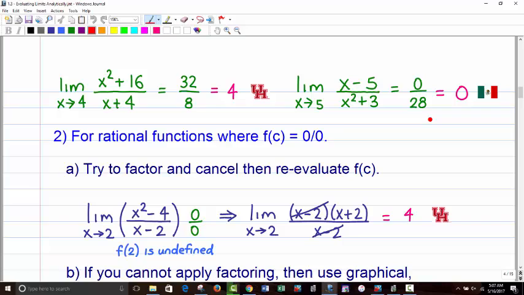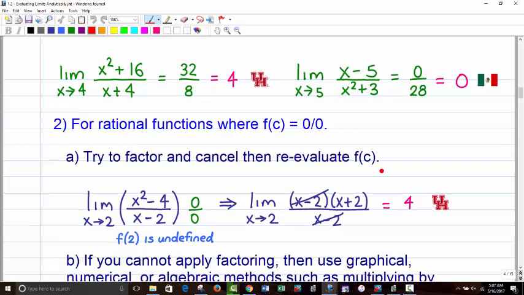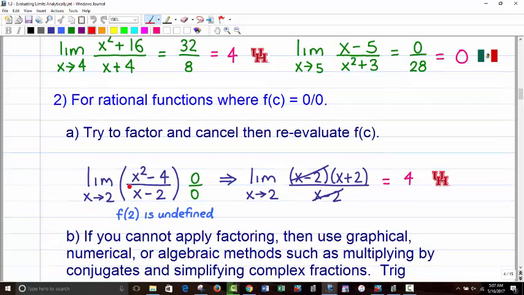But if it's kind of an equation that has polynomials and this sort of thing, what you want to look for is see if you can factor and cancel and then reevaluate f of c. And this goes back to that very, very first one we did, where I showed the table of values and all that kind of stuff.